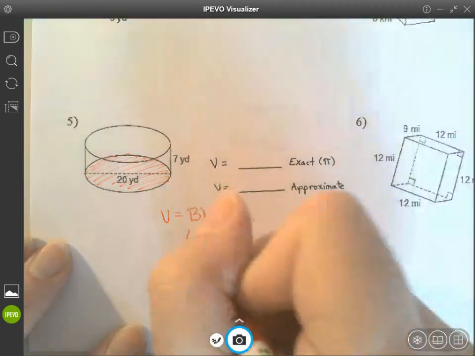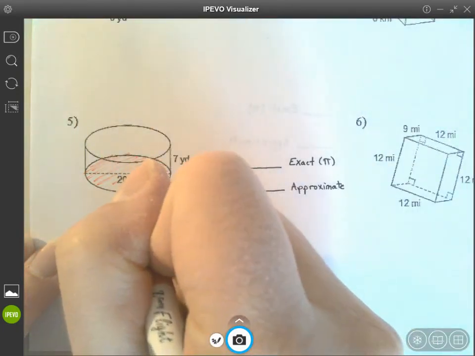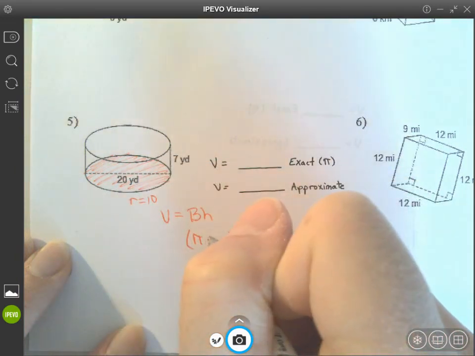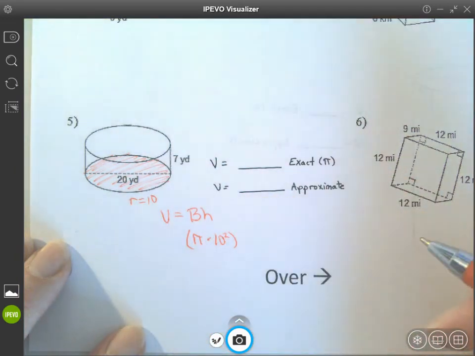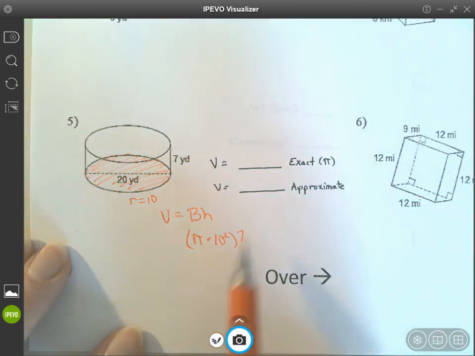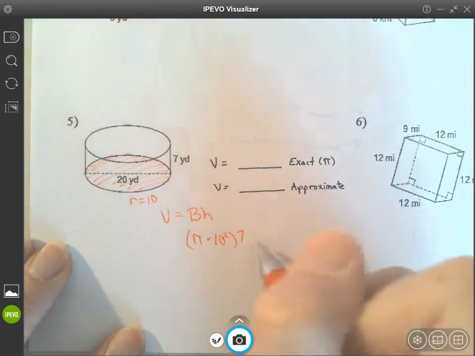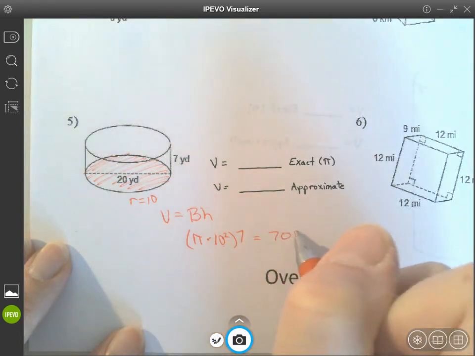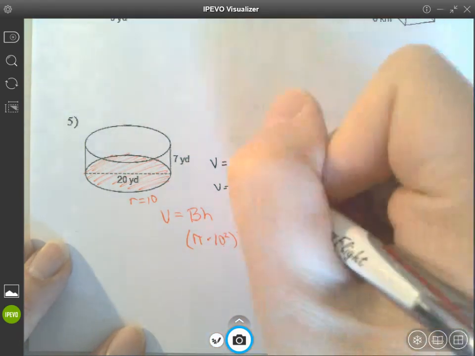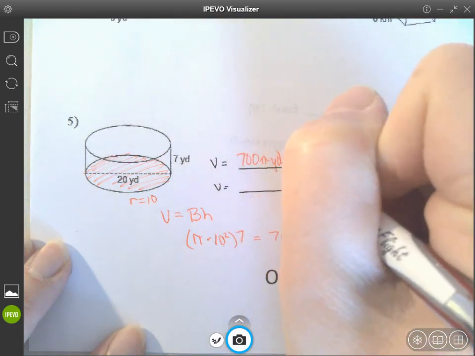So pi times the radius. What's the radius? 10. Okay, that's important. Pi times 10 squared, and then what's the height of the cylinder? 7. Now, when we go to put this in the calculator, we want the exact, so leave pi. So just take 10 squared, which is 100. 100 times 7 is? Yeah, so the exact answer is 700. Keep the pi. And we would label it yards cubed.